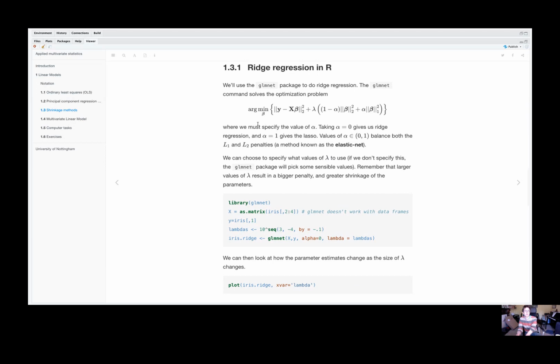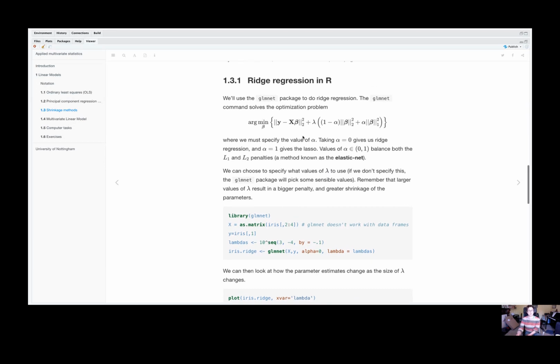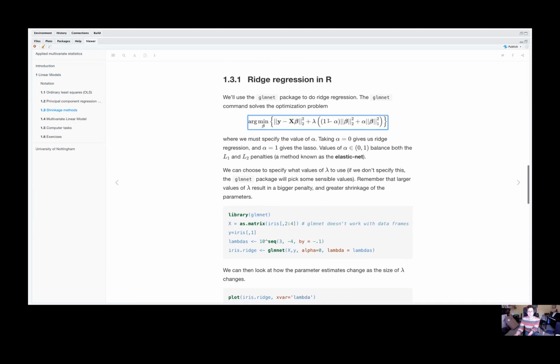The problem they solve here is that we find the value of beta that minimizes the sum of squared errors plus a lambda penalty term times alpha times the L1 norm, plus (1 minus alpha) times the L2 norm squared, where we have to specify the value of alpha to use.